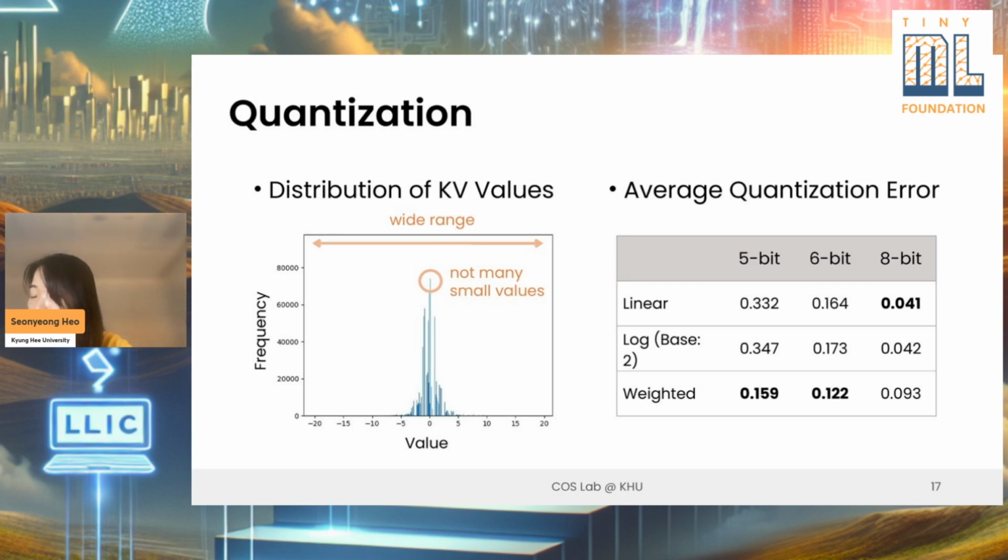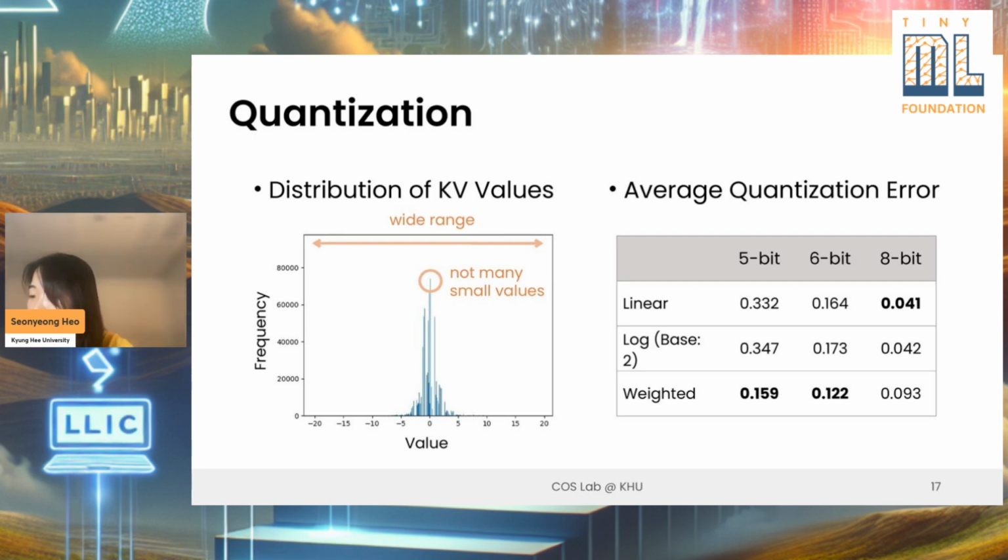While convolutional neural network models usually have a much smaller value range, from 0 to 1 or -1 to 1, the deviation of values in KV is relatively large. Also, there are not many small values in KV, so we can only see a very thin bar in the histogram around 0.